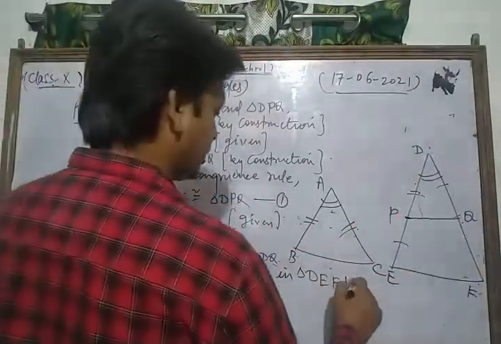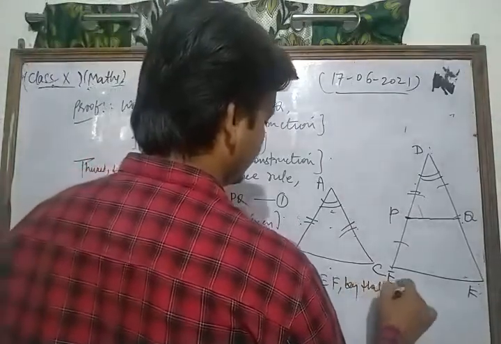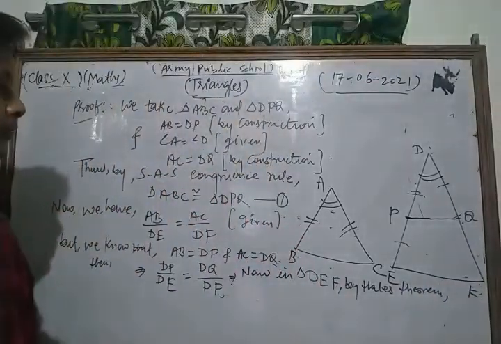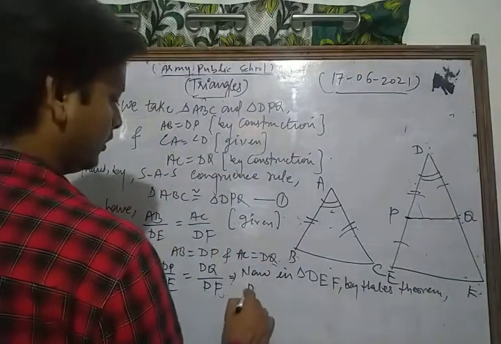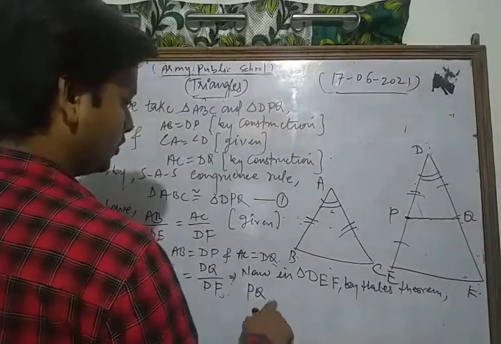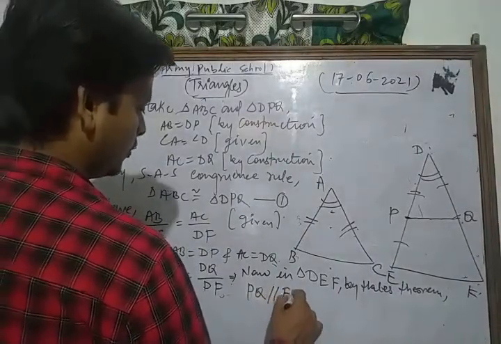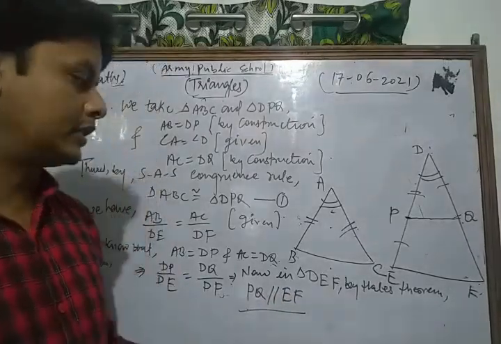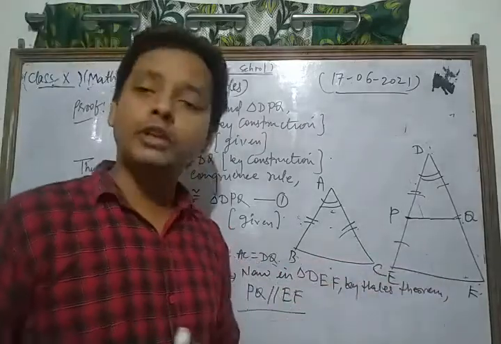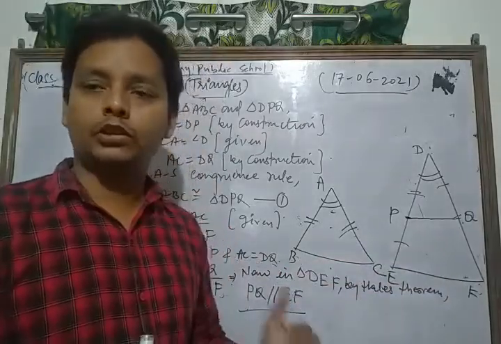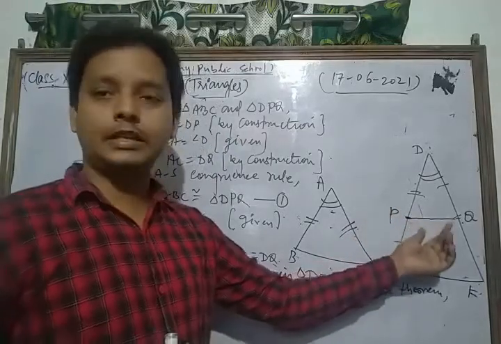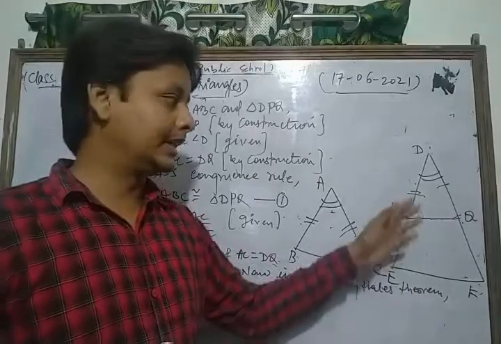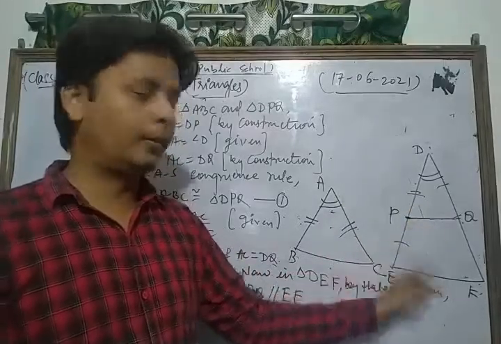Now by Thales theorem, PQ is parallel to EF, because by the converse of Thales theorem, dear students, it is clear that PQ is parallel to EF. According to Thales theorem, if the other two sides are divided by that line segment into the same ratio, then that line is parallel to the third side EF.